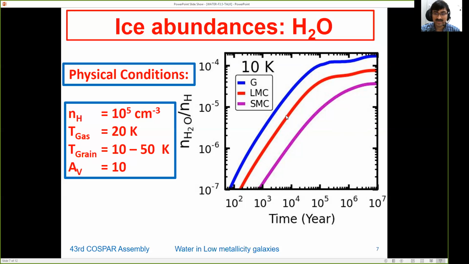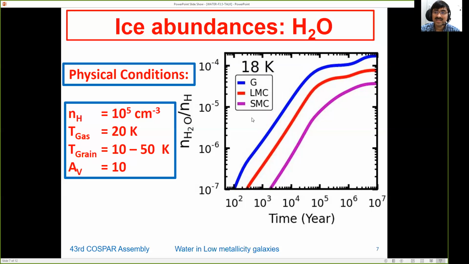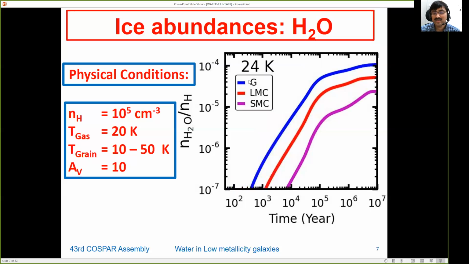So there is no surprise here. But one important aspect is that if you increase the temperature, by 20 or 24 Kelvin you can see that the water production is at least a factor of 2 down.